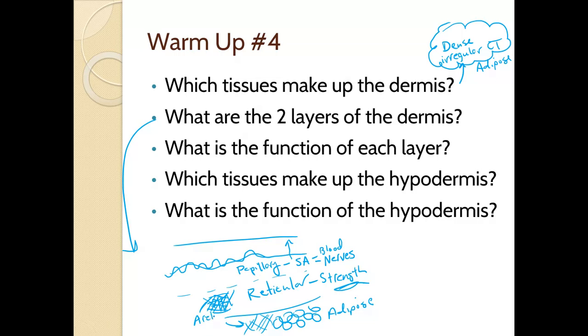The areolar connective tissue is going to hold all of that down. So this is what makes up our hypodermis. And what's the function of the hypodermis? Hypodermis is going to store energy in the form of fat. It's going to provide insulation, and it's going to hold the skin in place and provide blood to the skin.